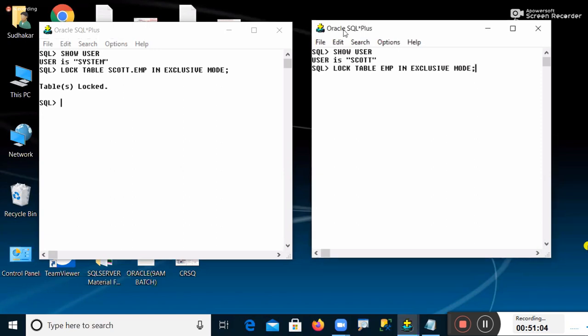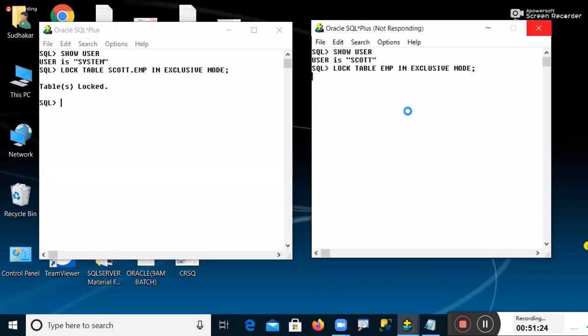What happened? You can see, exclusive means only any one can lock. Already the system user has locked your table, but the second user is also trying now. What is happening? You can see the second user is waiting.